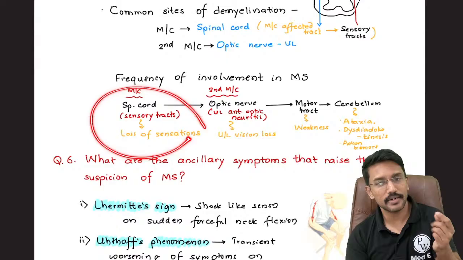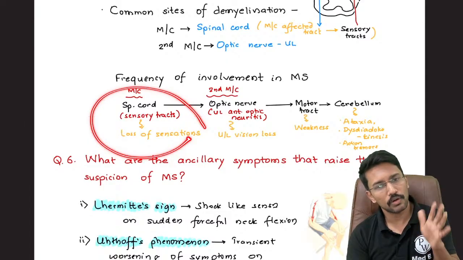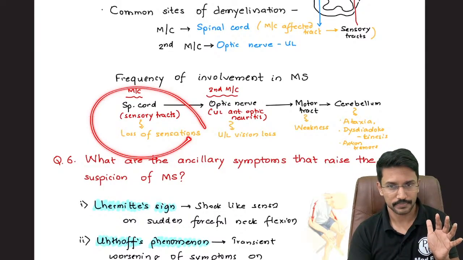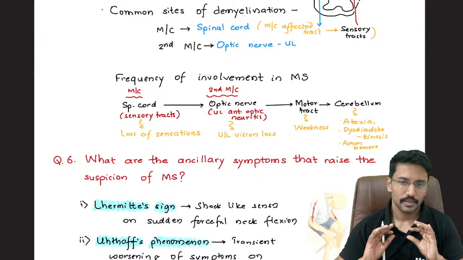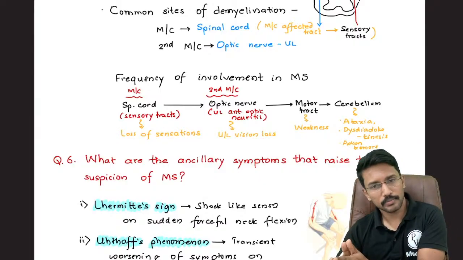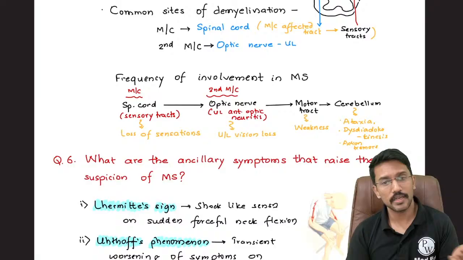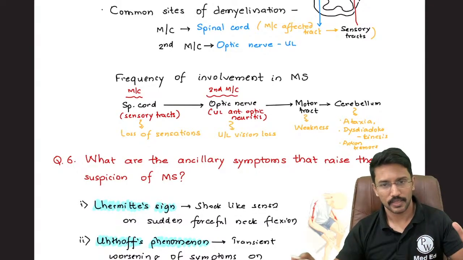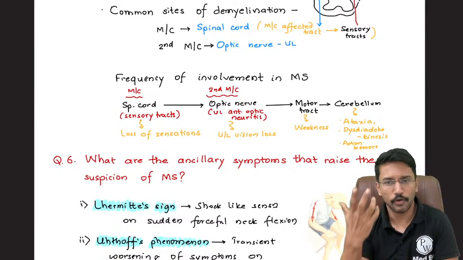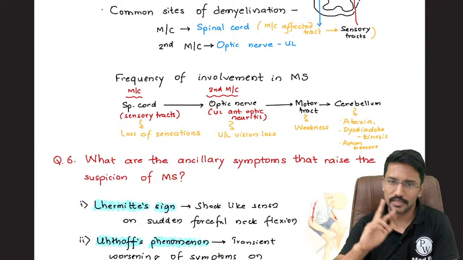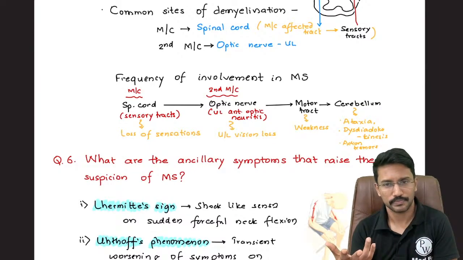Will it get remyelinated and the symptoms resolve, or will it remain demyelinated? Well, the disease is a bit unpredictable. In some individuals, after demyelination, there will be remyelination and the symptoms will be gone. Like, I had lost vision in one eye because of optic nerve demyelination. Now it is remyelinated, I will get the vision back.